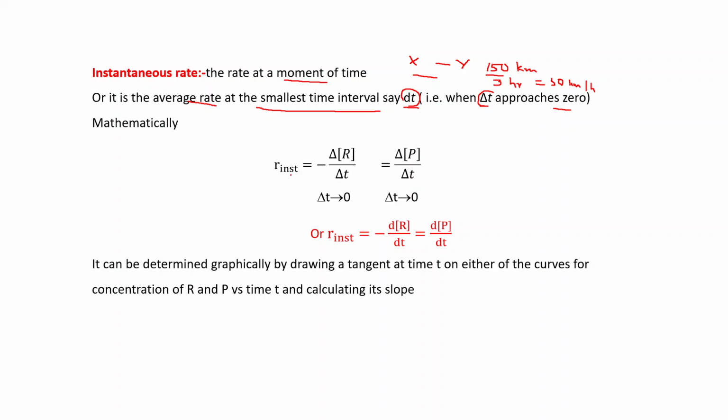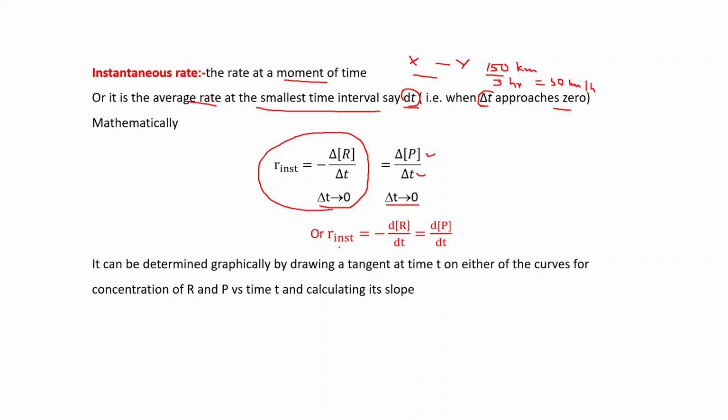So we can represent the instantaneous rate mathematically as minus delta R divided by delta t, where delta t approaches 0. This represents the instantaneous rate in terms of concentration of reactant. In the same way, rate is equal to delta P divided by delta t, where delta t approaches 0.